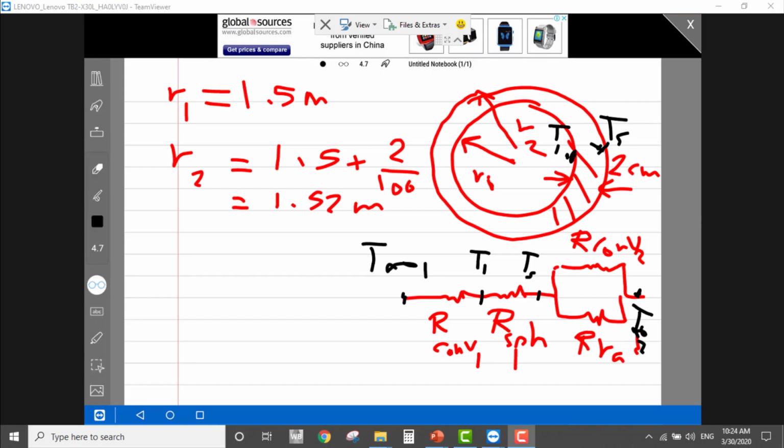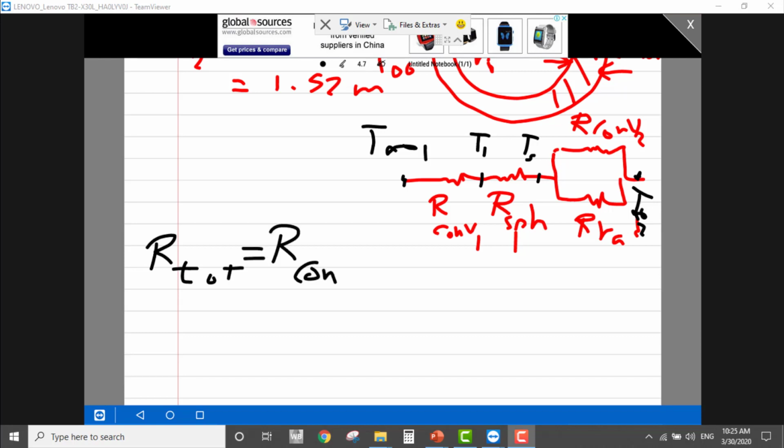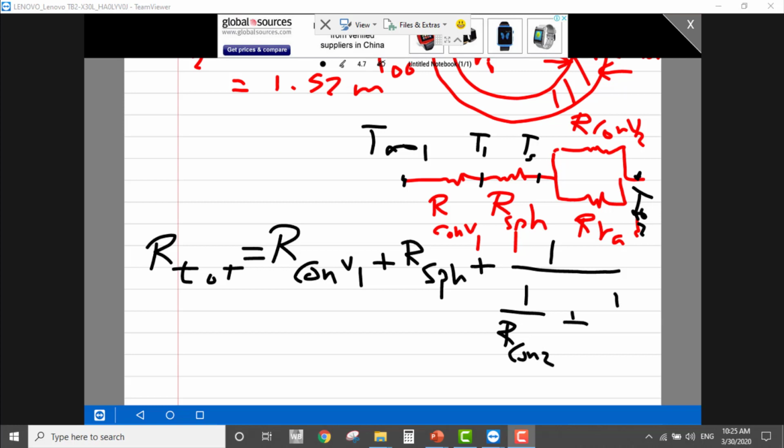Now, let us calculate the R total. So R total equals R convection 1 plus R spherical plus we have two resistances in parallel, so the resultant of these two resistances is 1 over R convection 2 plus 1 over R radiation.